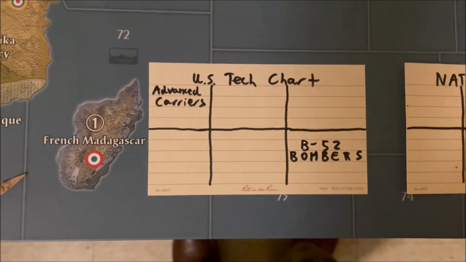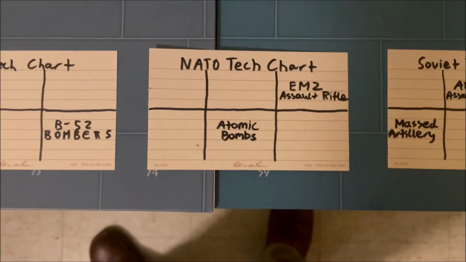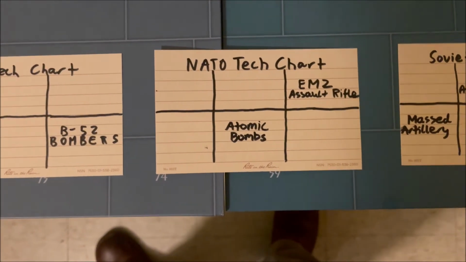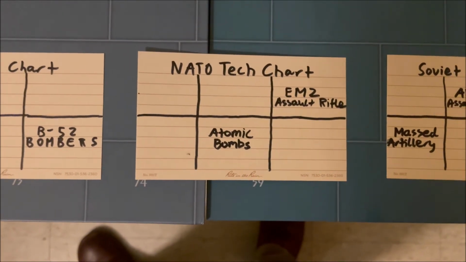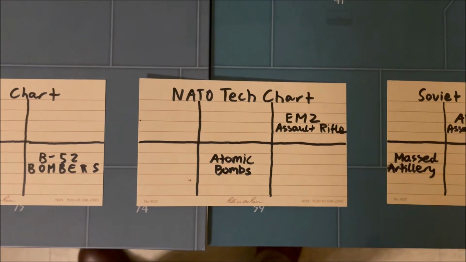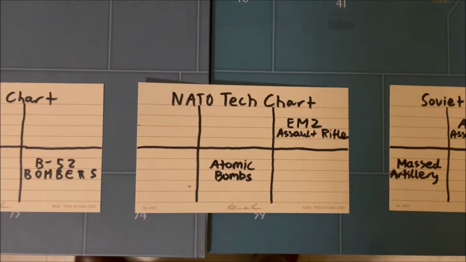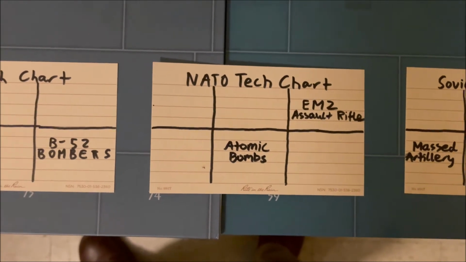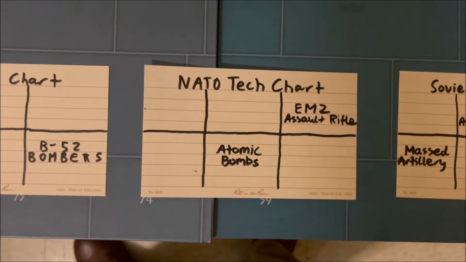Coming over to NATO, you have the EM-2 assault rifle, which was an assault rifle the British developed right at the end of the 40s, and they adopted it, but then they also got rid of it. But we decided that because now there's a war on, they basically rush it into production.